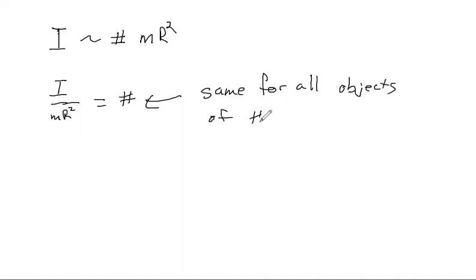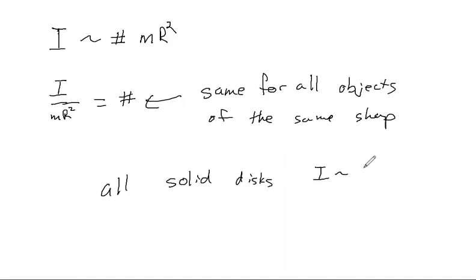So for example, all solid disks all have a moment of inertia, which is, say, a solid disk is 1/2 m r squared, so the number equals 1/2.